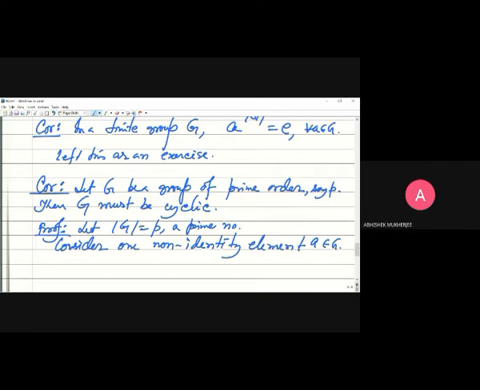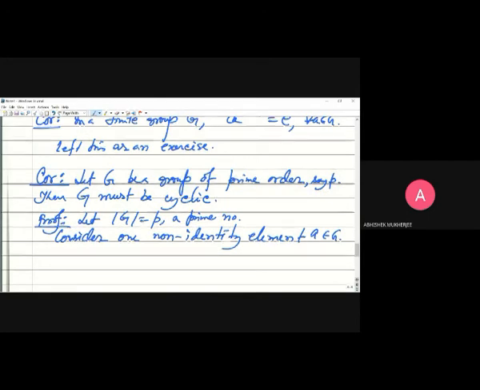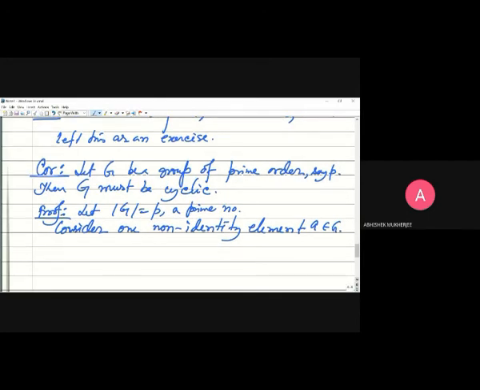Now using the above corollary, order of a divides the order of G, but this is a prime number.